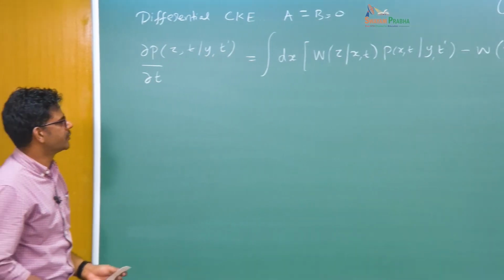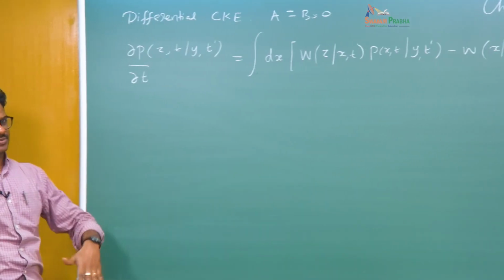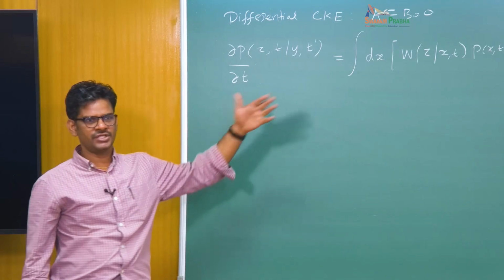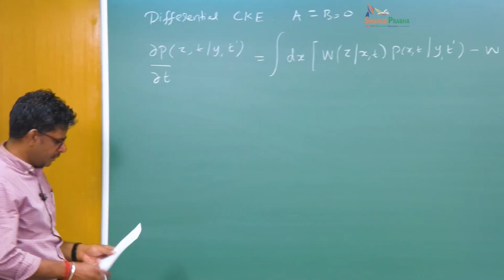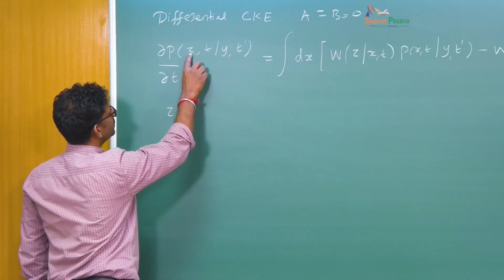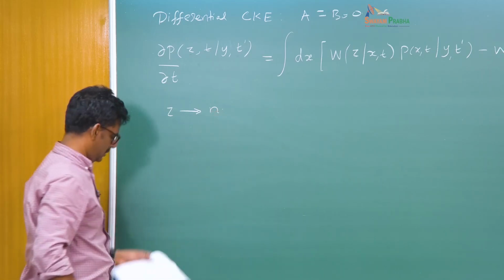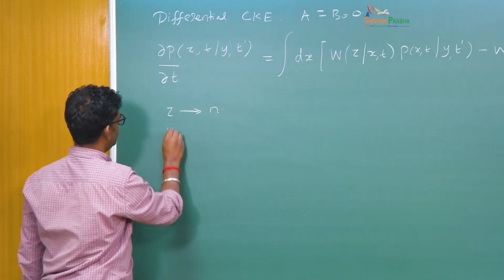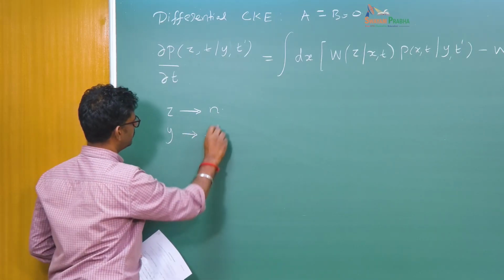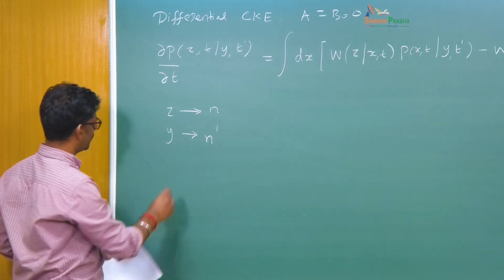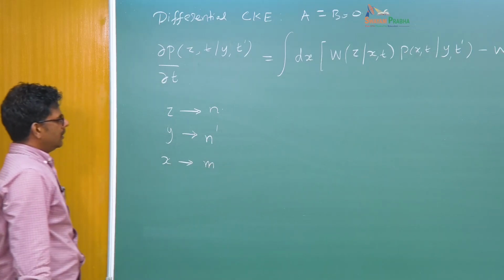Now, here we assumed that x and z and all of them are continuous variables, but now we are specifically talking about discrete variables, so we can change the notation a little bit. I would like to change this variable z to n, y to n prime, and x to m.